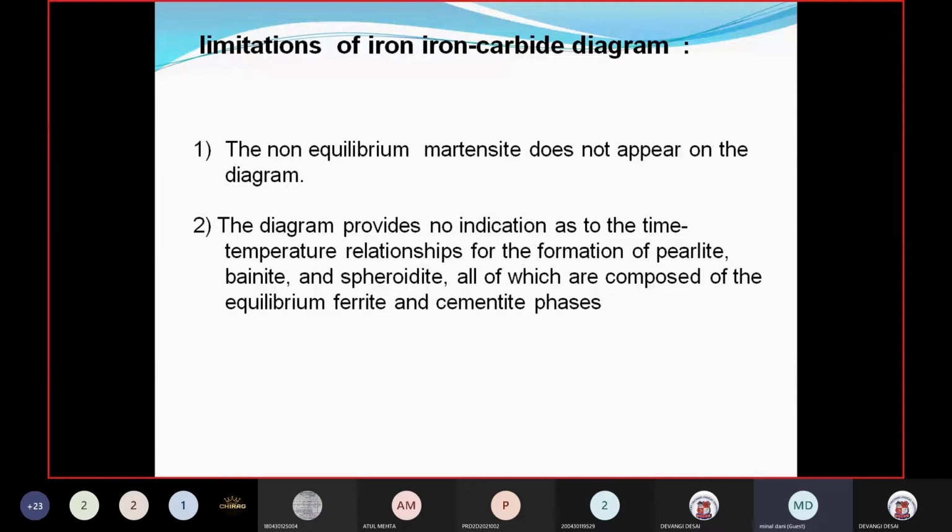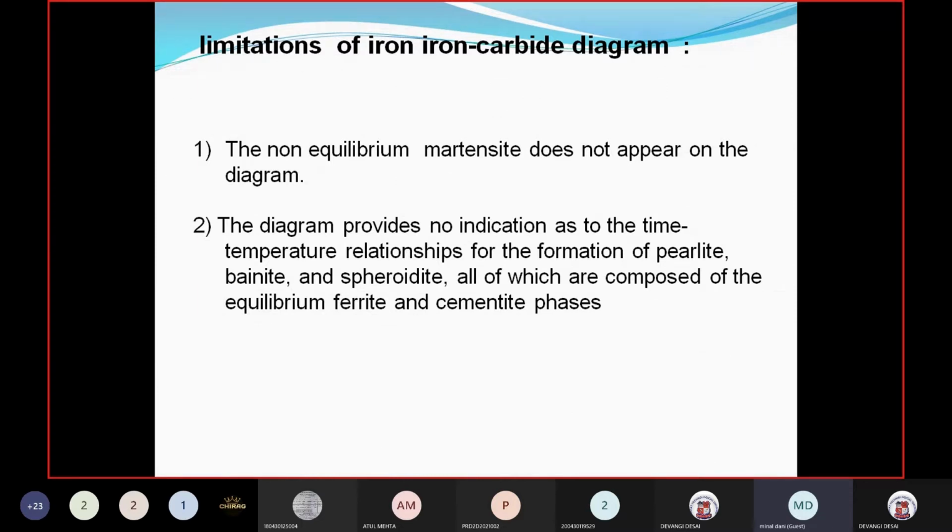That's why it is the equilibrium diagram. We have fixed all that. But if you change the cooling cycle, this phase will not occur. Your material is same, but because of change in the cooling condition, the phases present are different.